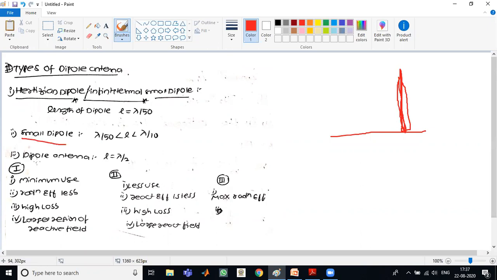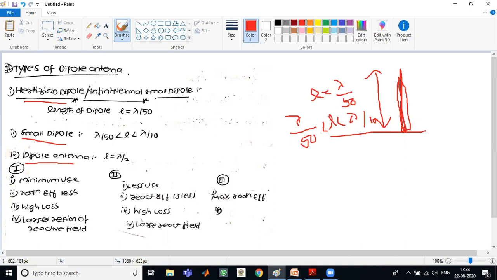Next is the short dipole, and next is the dipole antenna. In the Hertzian dipole, the effective length of the antenna is lambda by 50, that is wavelength by 50. If the length of the antenna ranges between lambda by 50 and lambda by 10, that is called a short dipole. If the length of the antenna is lambda by 2, it is known as a dipole antenna. Clear with the concept?